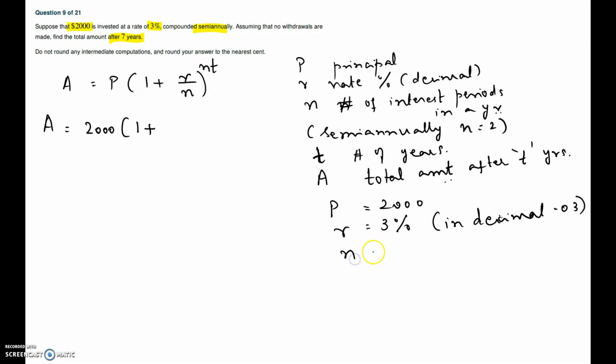Then n for semi-annual, n equal to 2. There are 2 times the interest is compounded. And then the number of years of the investment in this case is 7.